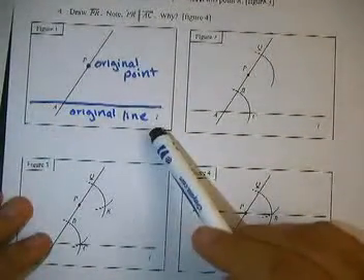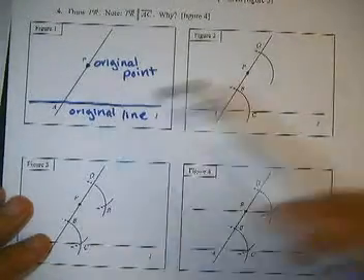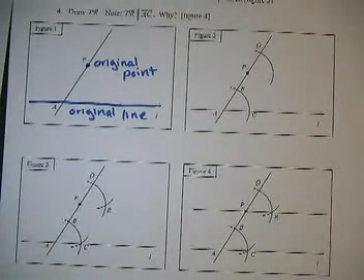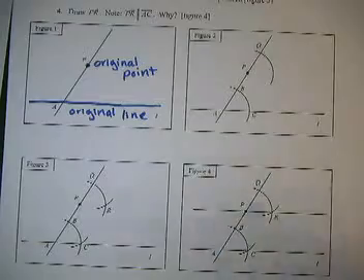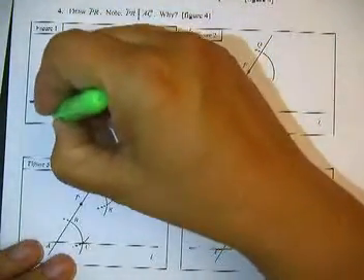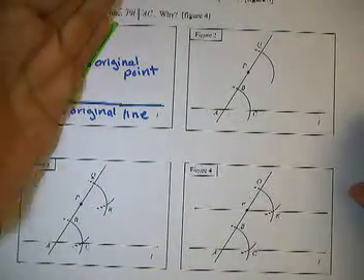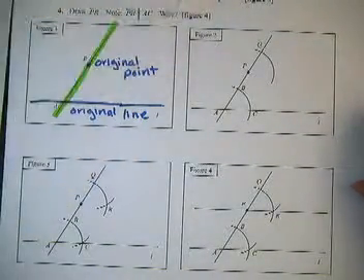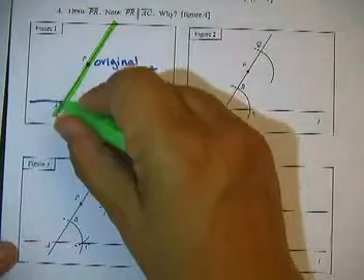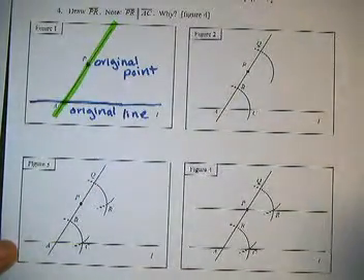Well, the original problem, you have the line and the point. The very first step you want to do is to draw a straight line using a straight edge between the point and the line. It can be like this, it can be sharper, you can use any angle you want, but we want to make this little intersection right here.